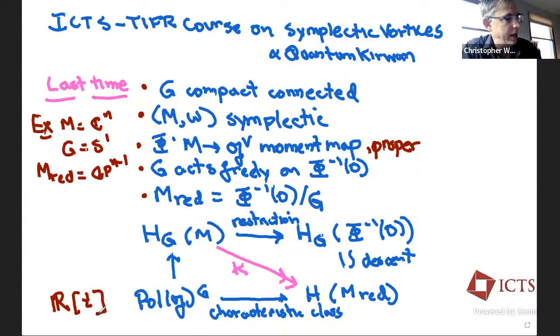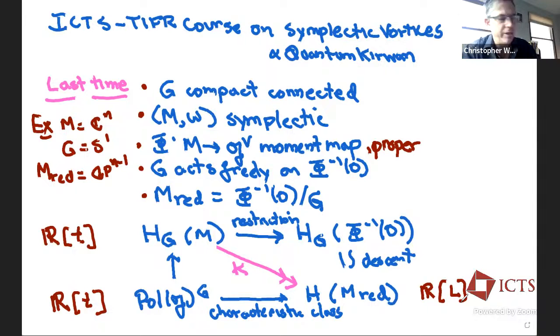And H_G(M) is the same thing, because M is equivariantly contractible to a point, that contraction induces an isomorphism in equivariant cohomology, and the equivariant cohomology of a point is just the invariant polynomials. On the other hand, we know what the cohomology of projective space is.